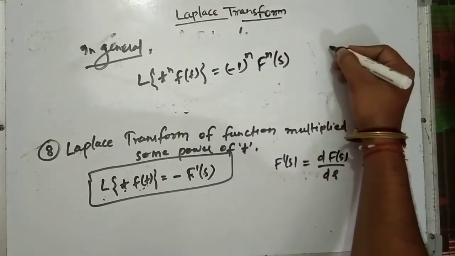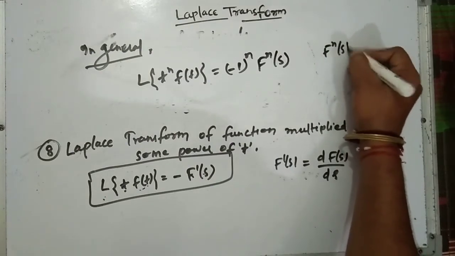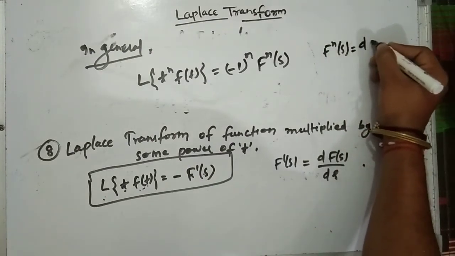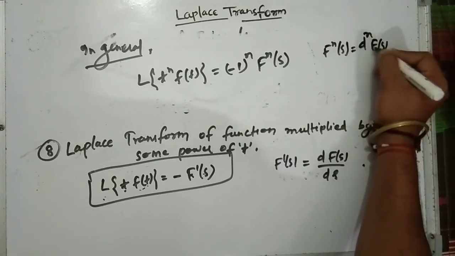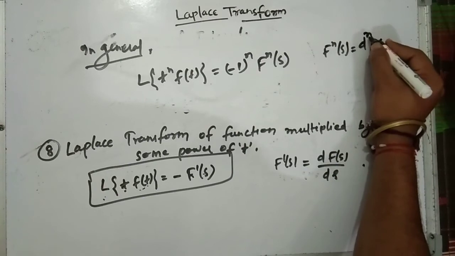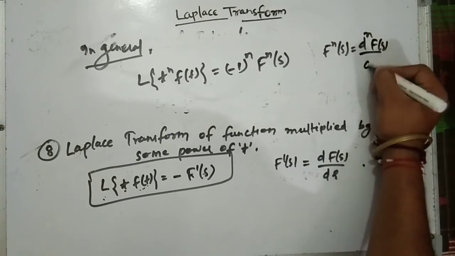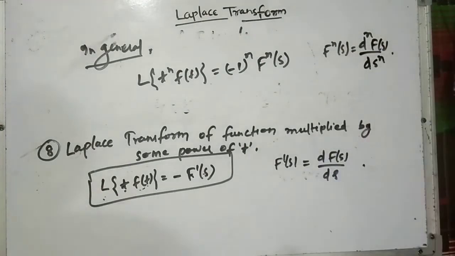So what is F^n(s)? F^n(s) is nothing but the n-times derivative of F(s). Okay, that means d^n F(s) upon ds to the power n.